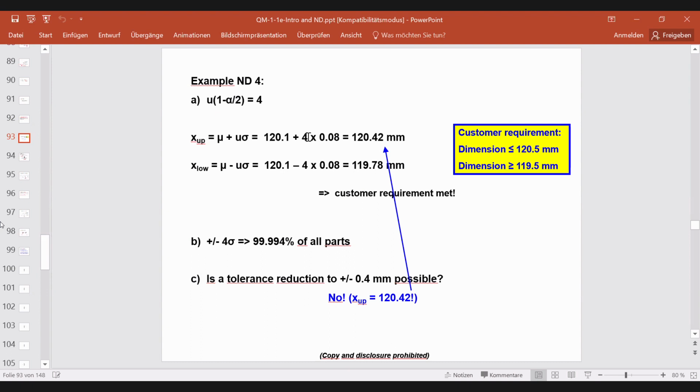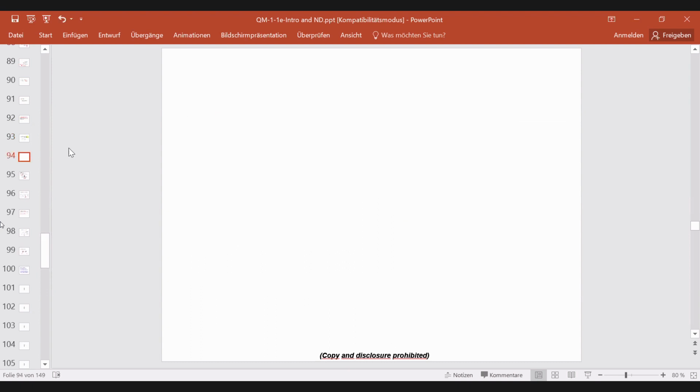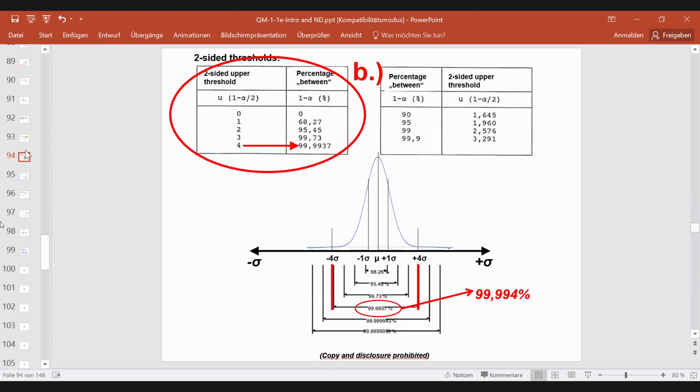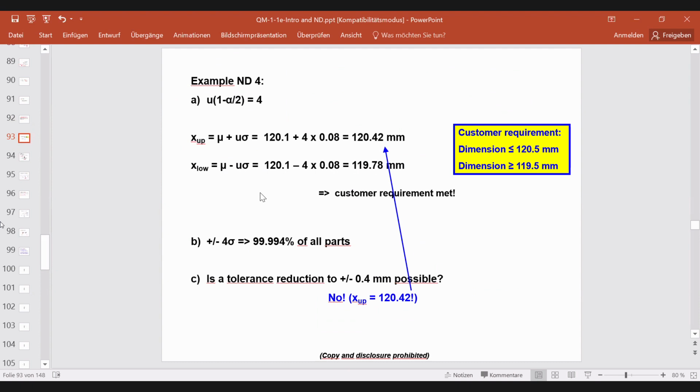This means you get this upper limit here, the x up value, it is 120.42, and here you have the lower limit, 119.78.